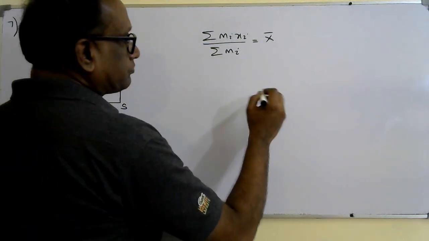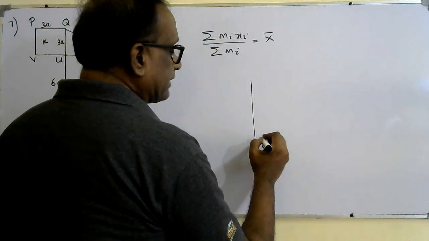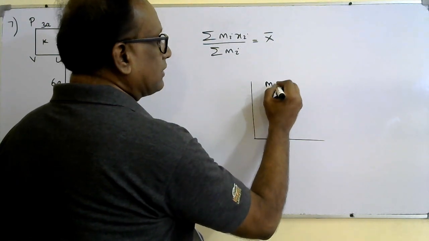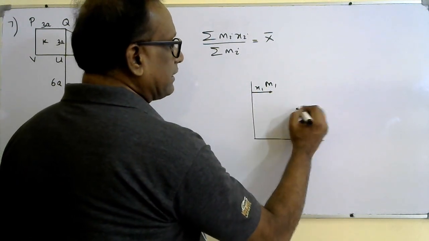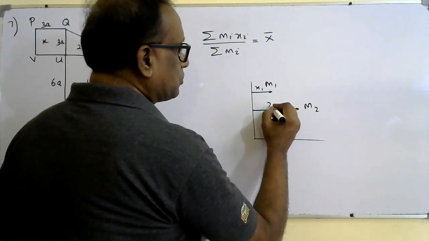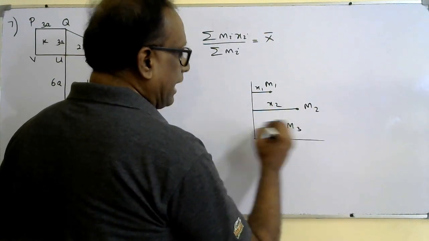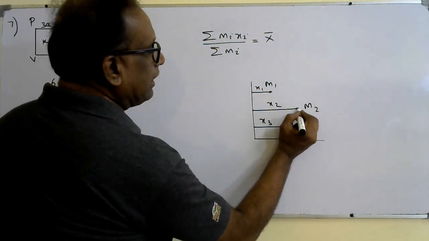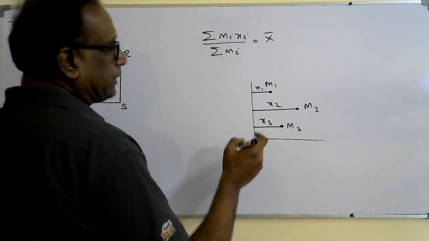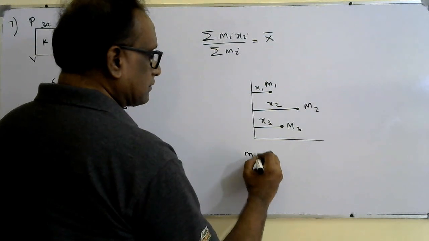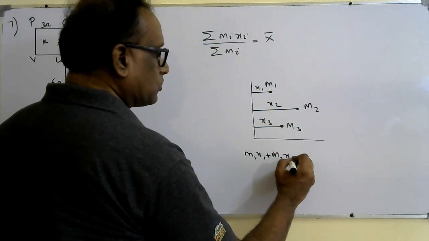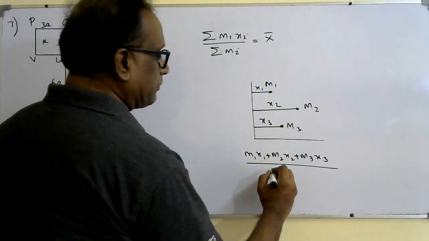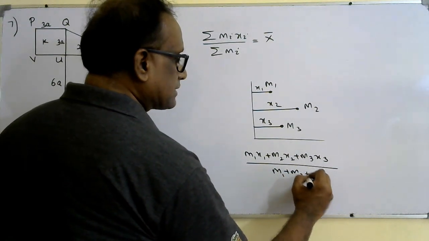So for example, in a Cartesian coordinate system, if you want to find the x coordinate for particles, say there is a particle m1 at a distance x1, a particle m2 at a distance x2, and a particle m3 at a distance x3, then for the center of mass of these three particles we use sigma mi xi, that is m1 x1 plus m2 x2 plus m3 x3, over sigma m, that is m1 plus m2 plus m3.